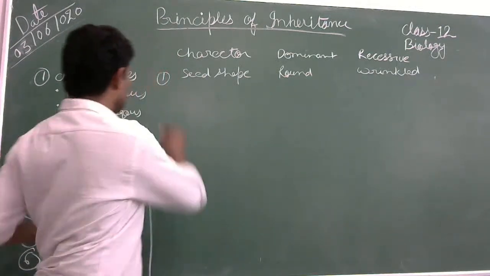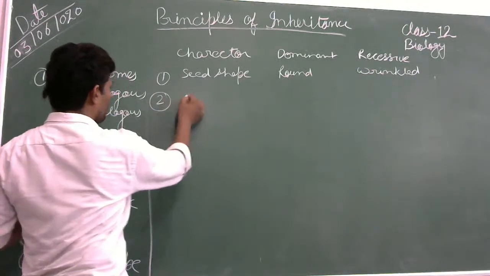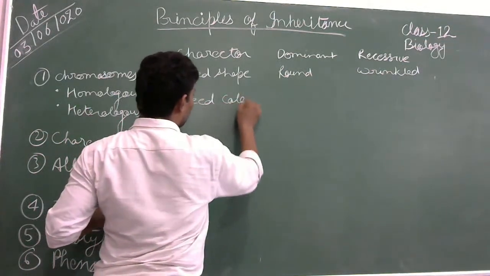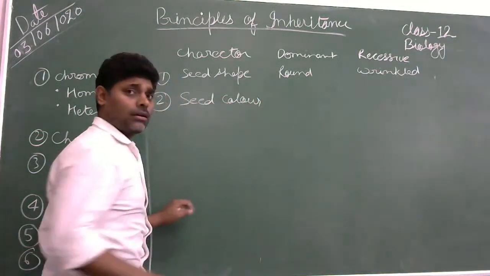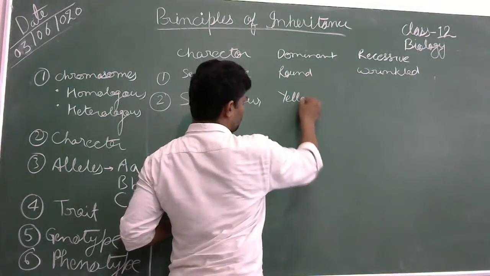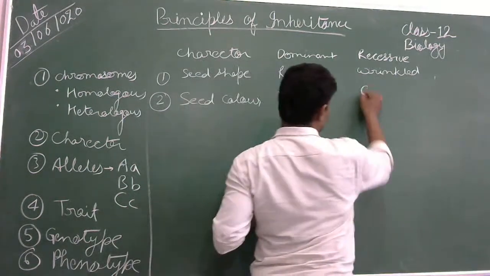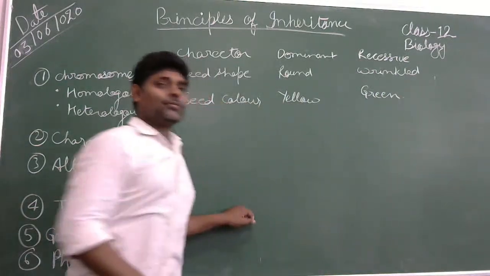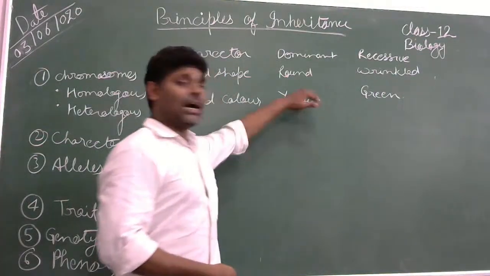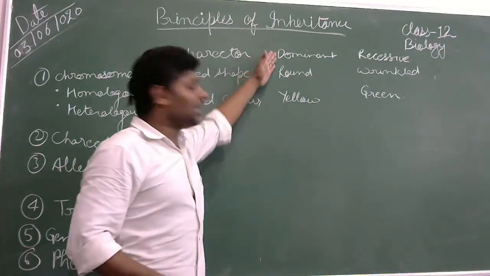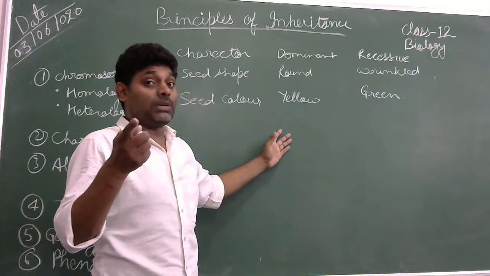The next one, seed color. That is yellow, and the recessive is green. Means if we are crossing between these two types, this dominant character will express phenotypically.